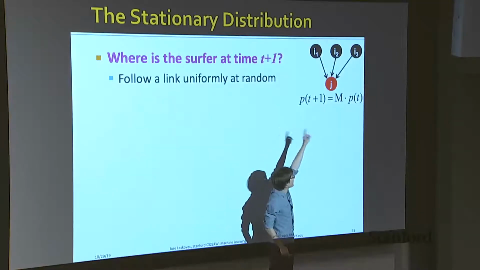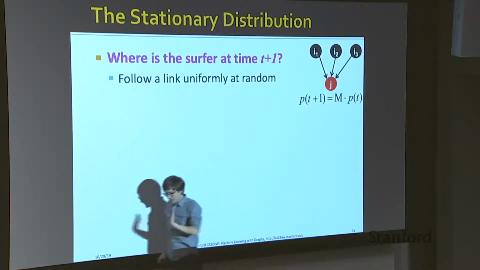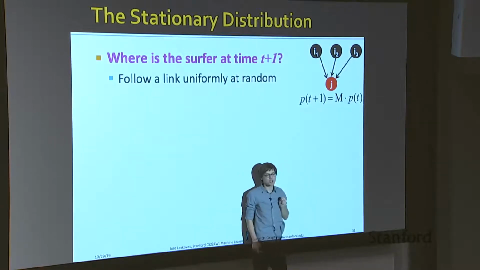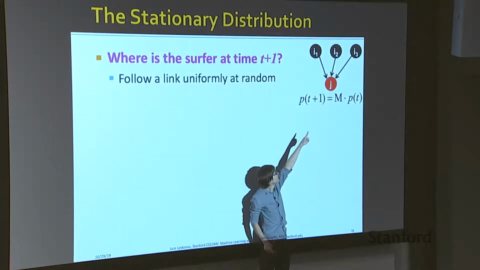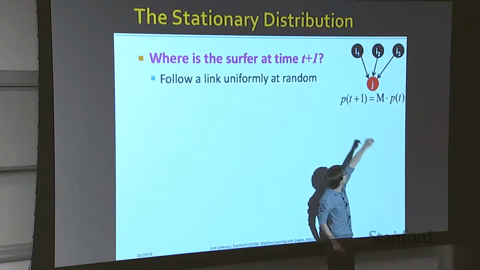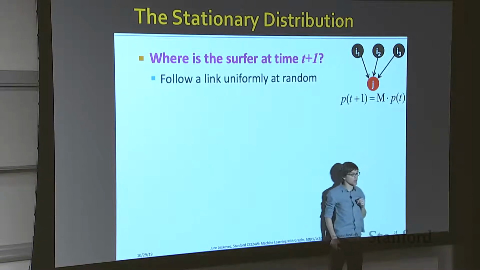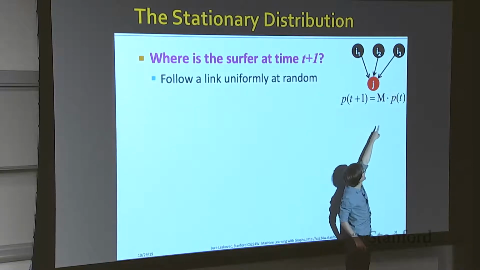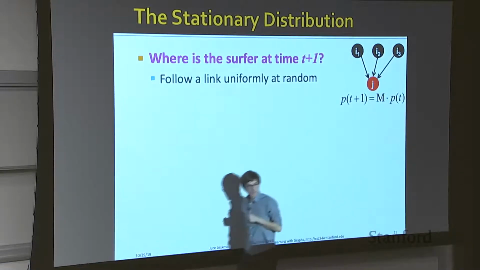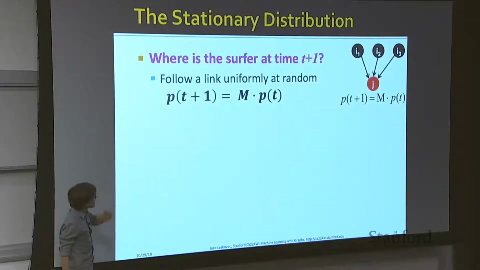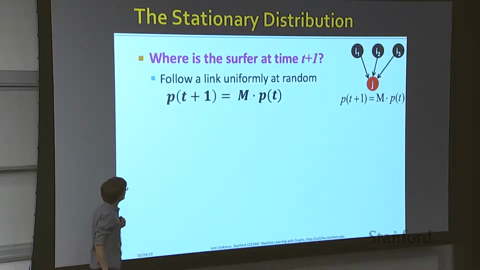So this means that if at time t the surfer was at any of the pages i, the surfer would pick a link at random and make a step, and the question is how likely is the surfer to end up at j, which is basically just equal to the probability of the surfer being at any of the pages i, and then the out degree of page i, right? So this equation is that the probability at t+1 equals my matrix M times the probability vector of where the surfer is at time t. Okay? So that's the important equation, right? Basically, we follow a link uniformly at random, right?